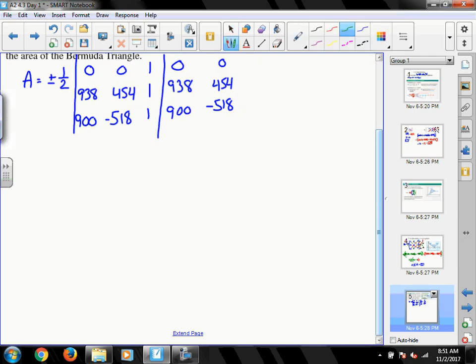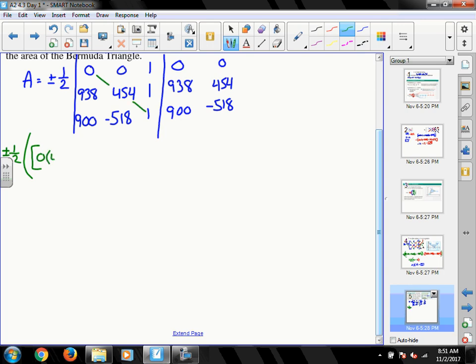Starting in our positive direction, I know I'm going to need to take plus or minus 1/2, and this is going to get quite big and quite long, so I'm going to write relatively small, but hopefully you guys can follow me here. Down top left to bottom right, 0, 454, and 1.